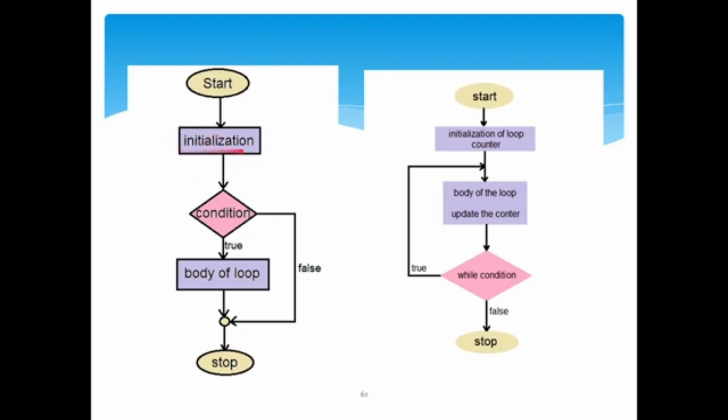Initialization is inside a rectangle and the body of the loop is also inside a rectangle. And remember, the condition is a rhombus-like structure. If that condition is false, it goes to the end of the statement, and if that condition is true, the main body of the loop gets executed.